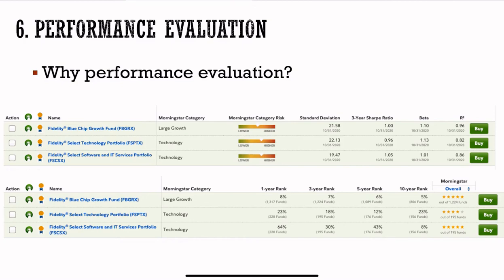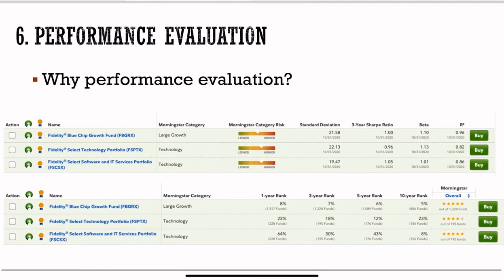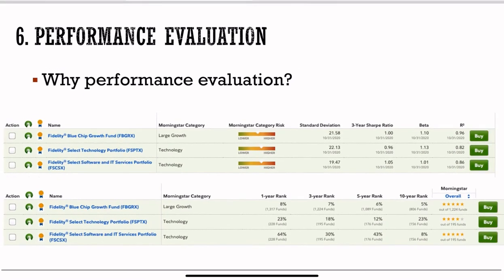So now here I am giving you an example from Fidelity. It's a US broker. And you can see that when you want to choose some mutual funds to purchase from Fidelity, it will show you these performance metrics, right?